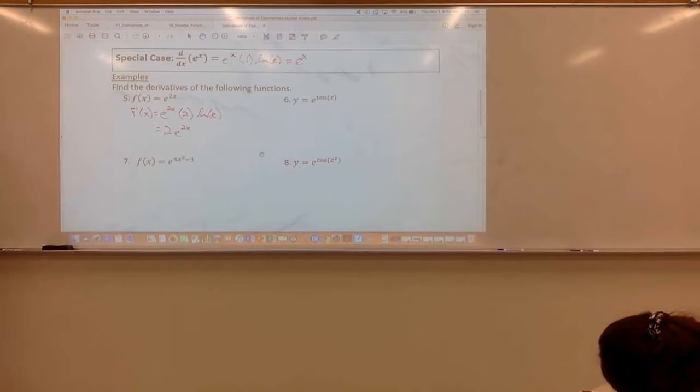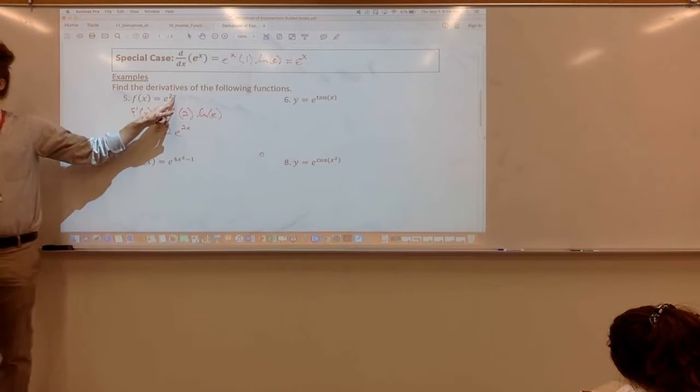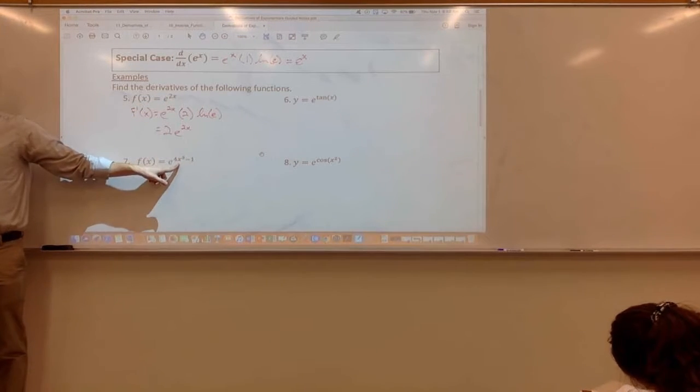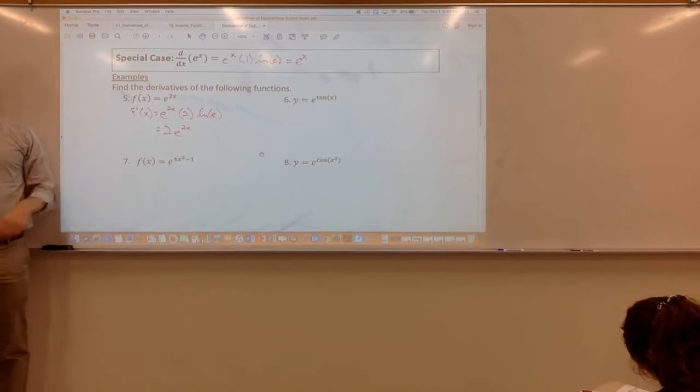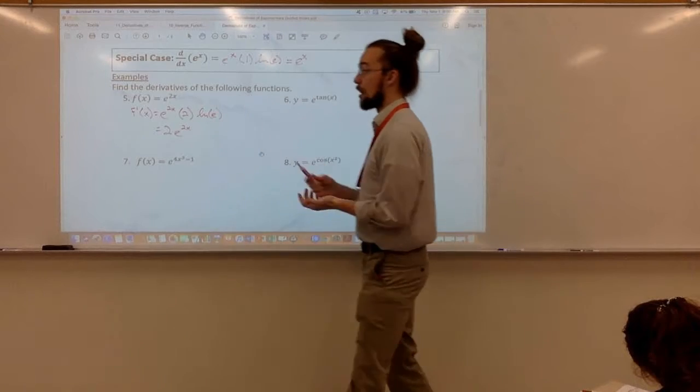We just take the numbers in front of the x and put it in front of the e, but only if this is a linear function. For something like this, that would work.